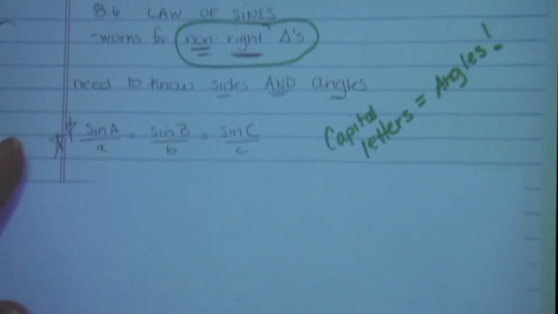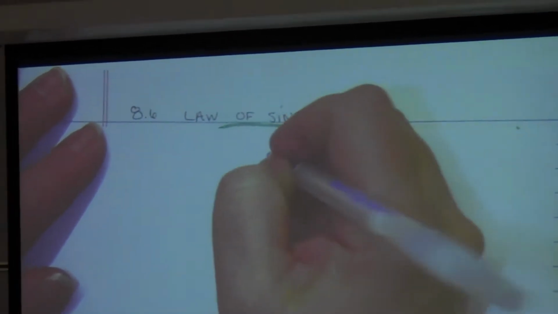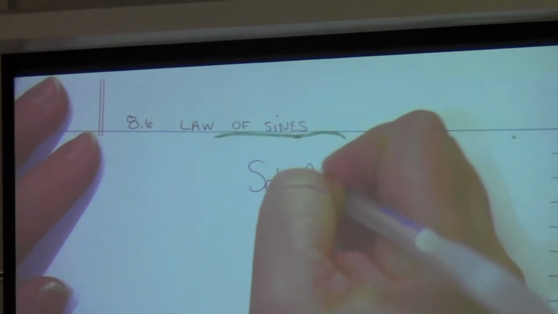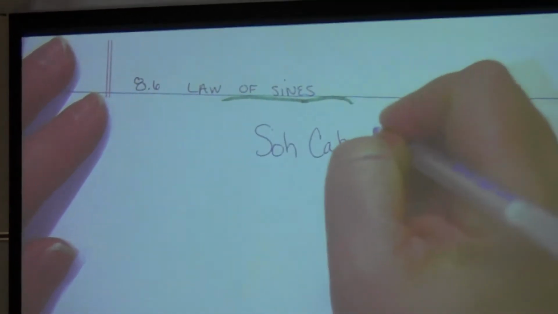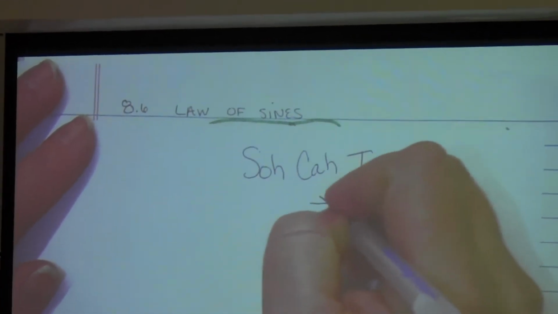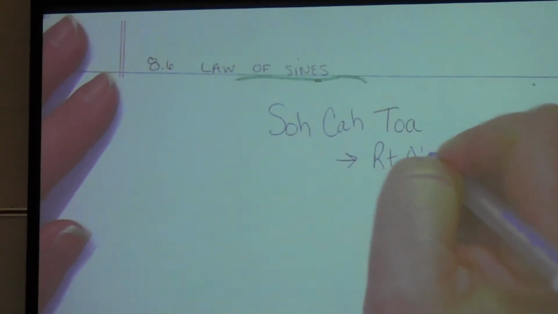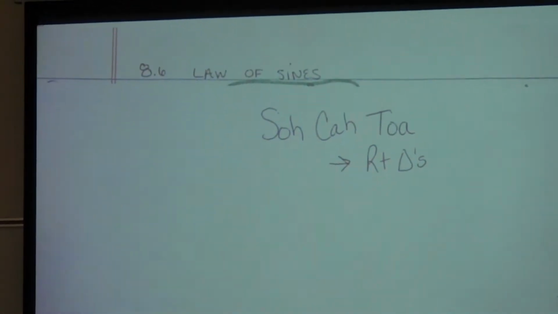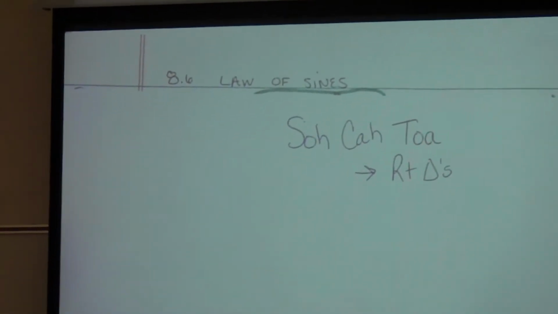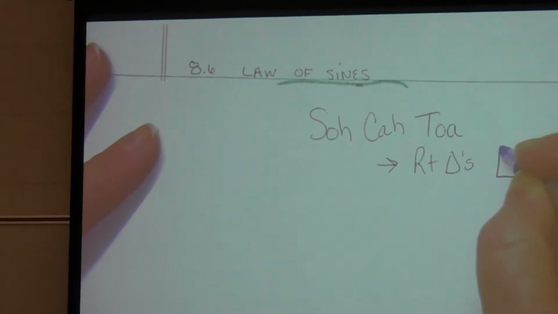SOHCAHTOA. We said yesterday when we were doing SOHCAHTOA that we could use the sine, the cosine, and the tangent anytime we had what kind of triangles? Right triangles. Thank you. So we can only use SOHCAHTOA with right triangles, or triangles that have one angle that's how big? 90 degrees.